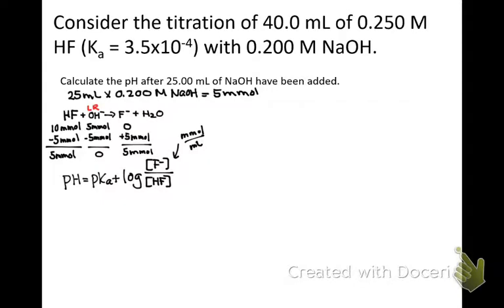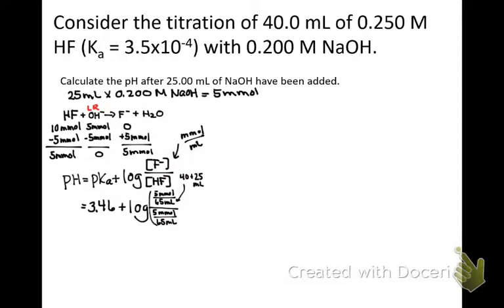All right, so we calculated before that the pKa here is 3.46 by taking negative log of Ka. And if we put in the F minus concentration, so we have 5 millimoles of F minus divided by a total of 65 milliliters, which we got from the 40 original plus the added 25 milliliters, we'll divide that by the 5 millimoles of HF present in the same 65 milliliters.